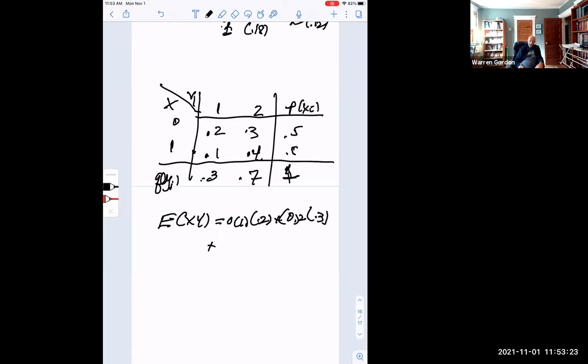Notice everything would be 0 in the first row because of the 0 present. Second row would be 1 times 1 times 0.1 plus 1 times 2 times 0.4, and bingo, we got it done. So it's a lot simpler to do it that way.